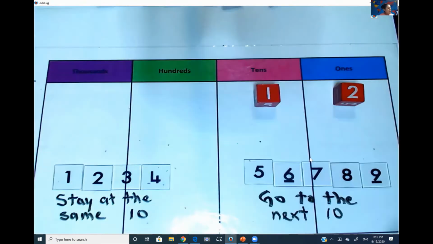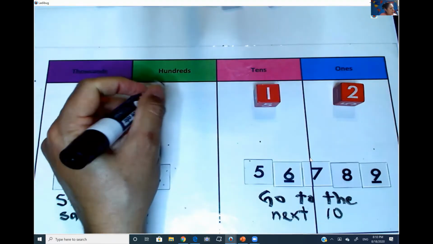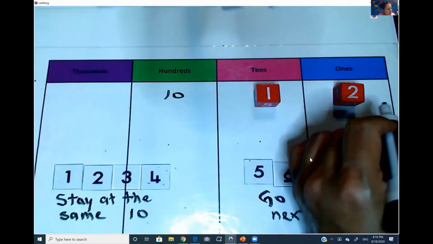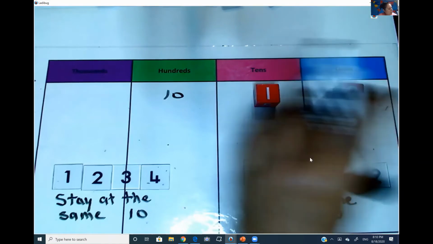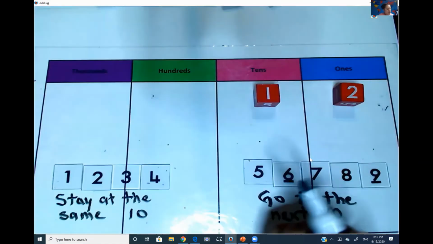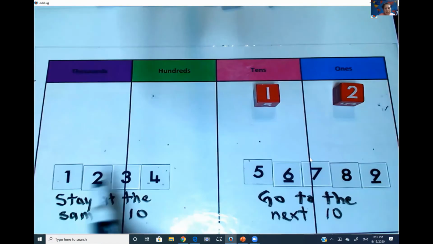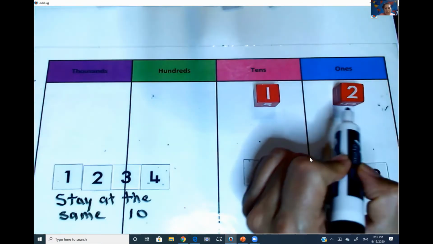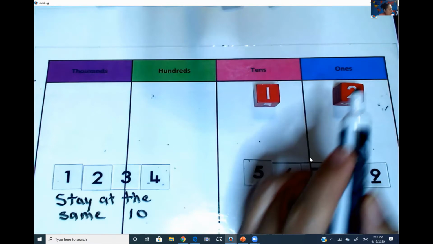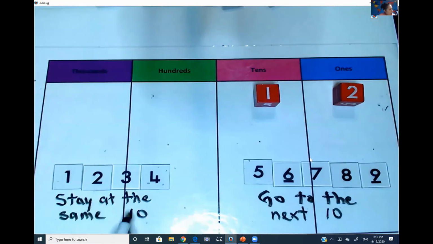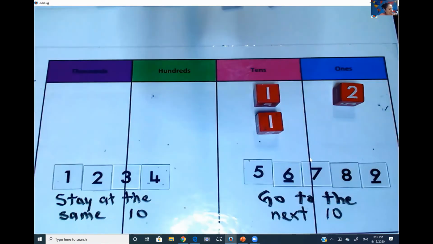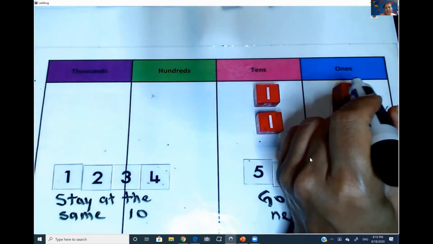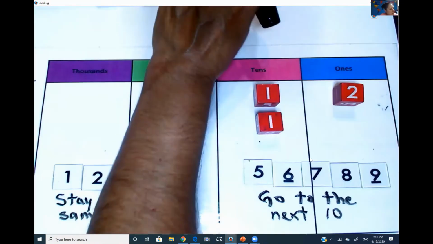Now, number 12 is between two 10s. On one side of the number line it's going to be 10, and on the other side of the number line it's going to be 20. So I need to determine where the number is rounded and which one is closer. I'm going to look at my rule, and I'm going to see that the number 12 finishes in the number 2. That means it's going to stay at the same 10. So the 10 is going to stay the same, and the 2 is going to become a 0.